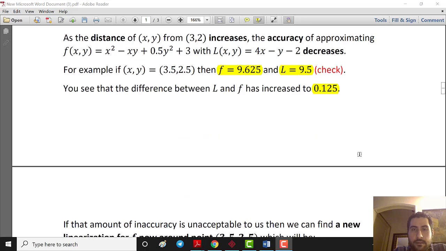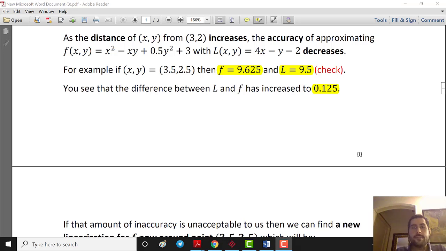So guys, the next point I want you to have in mind is that the accuracy of estimating f with its linearization at a specific point depends on our distance from that point, right?